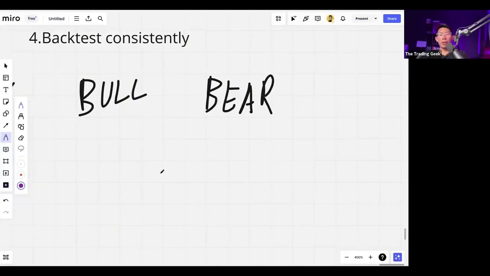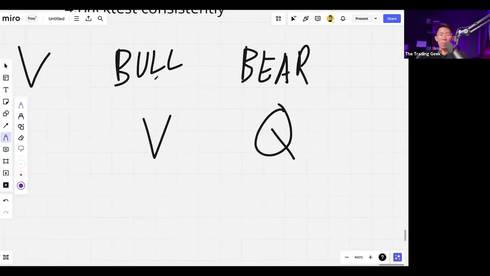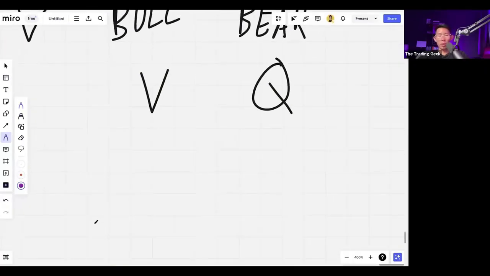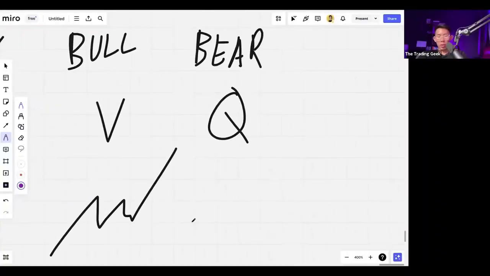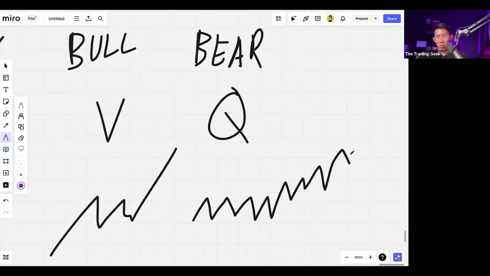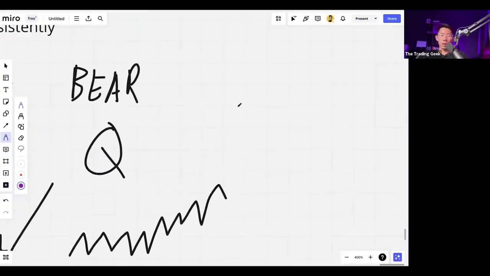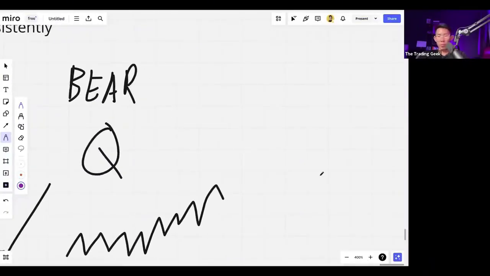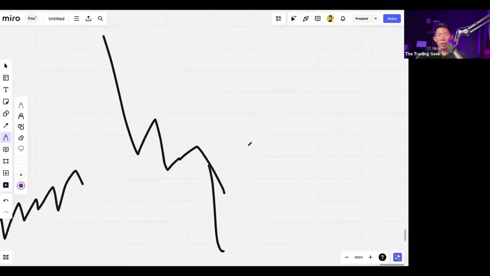Within this bull or bear market, there are two phases: volatile and quiet. So a bull volatile market could be like this. A bull quiet market could be like this. A bear volatile market could be like this. A bear quiet market could be like this.